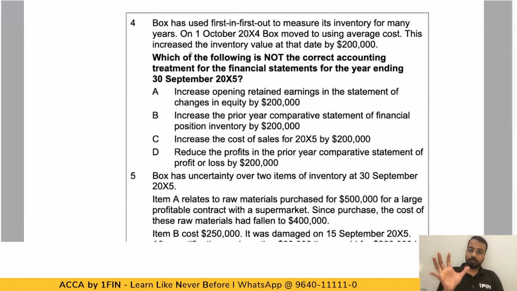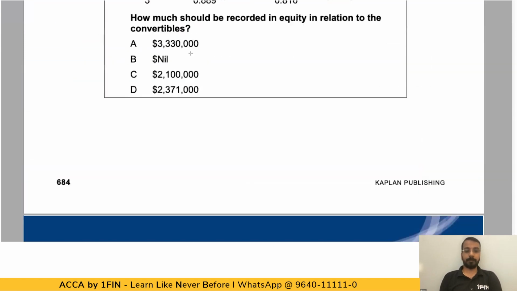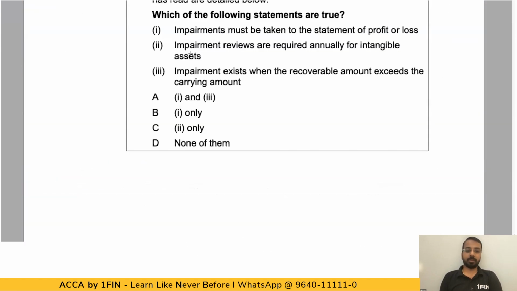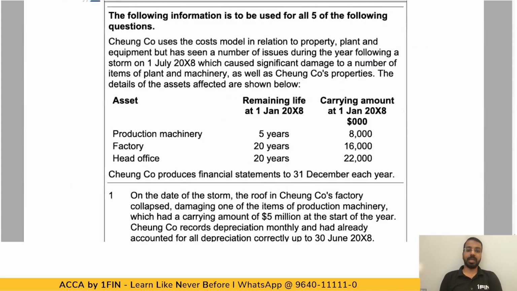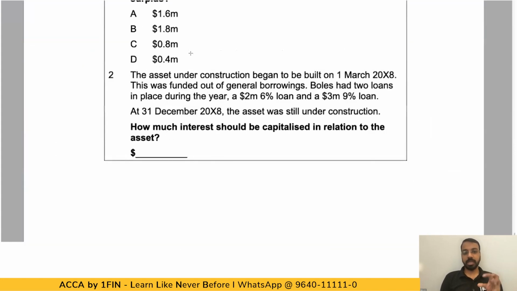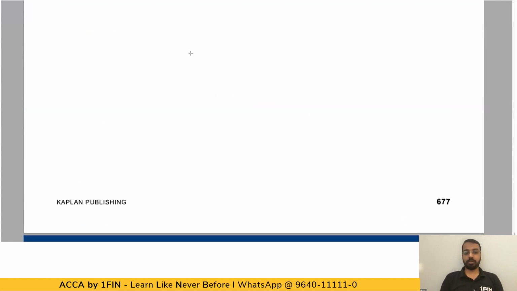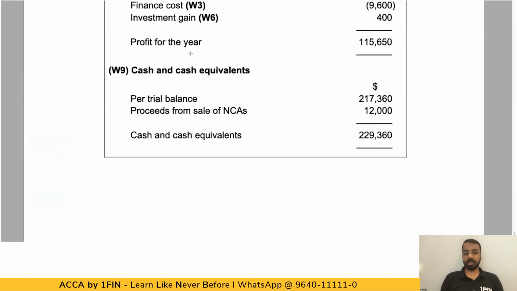The maximum marks you can draw in this subject will come from your objective type questions and objective case based questions. Then in the 2 constructed response questions, be careful with the Excel, do proper working. The spreadsheet part will be easy for you. That should not be a challenge at all.